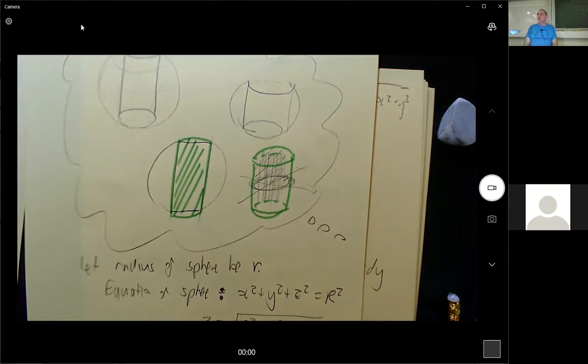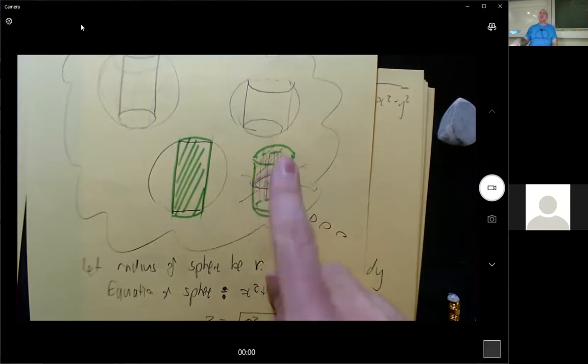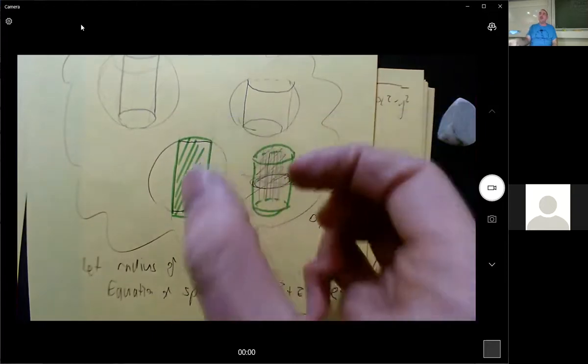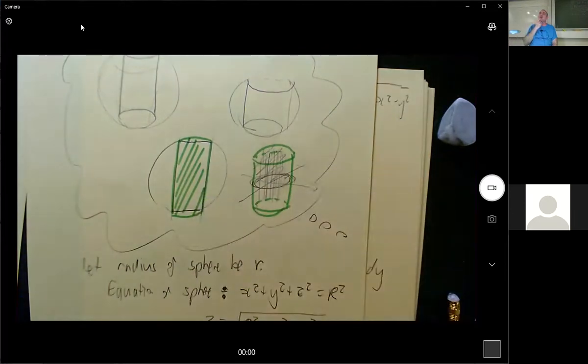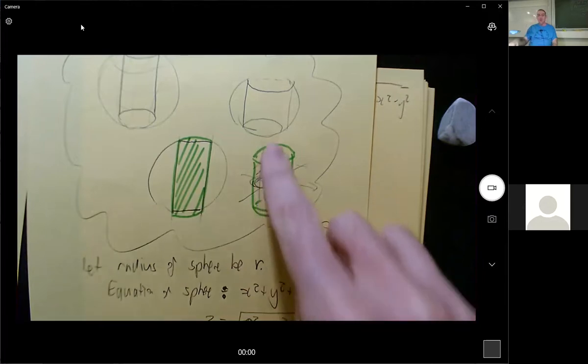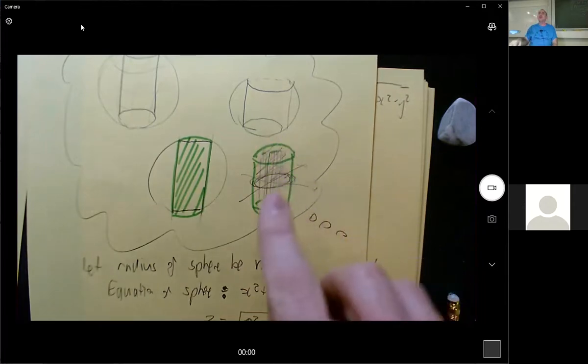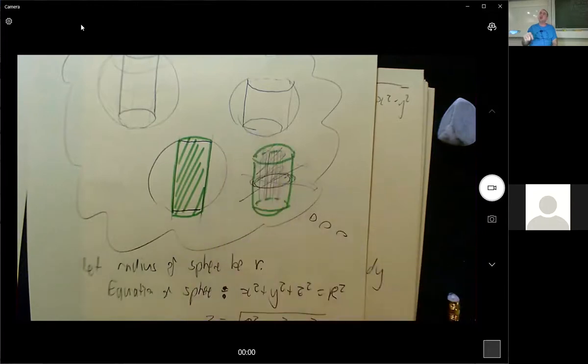So one way of making a volume is to accumulate heights, stack up a whole lot of tall heights all together in a clump across an area. I'm literally in my head thinking of a whole lot of blocks that are stacked up, and I'm adding together all the heights of those stacks.